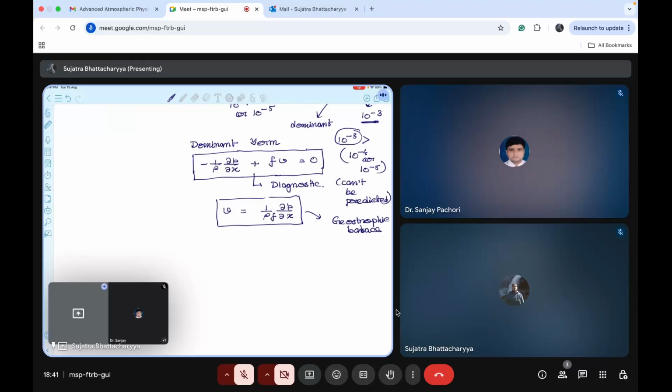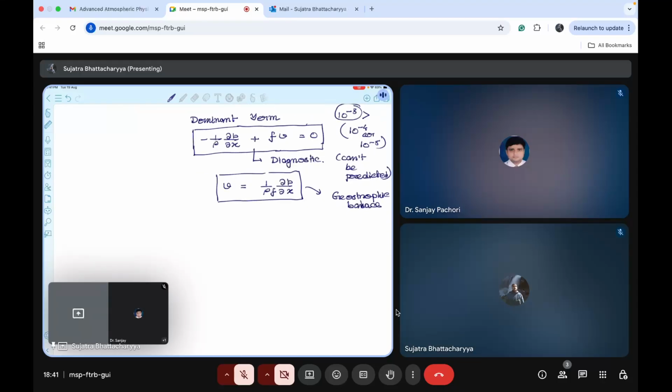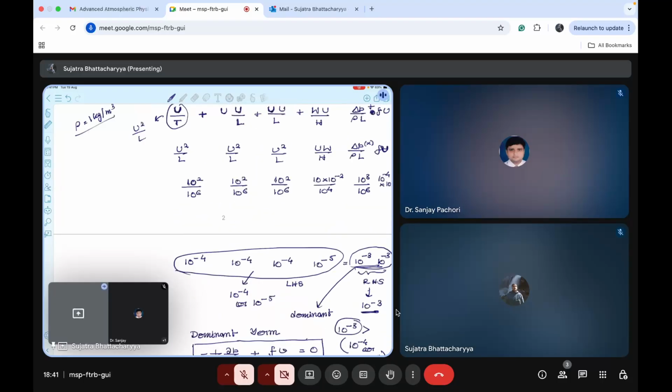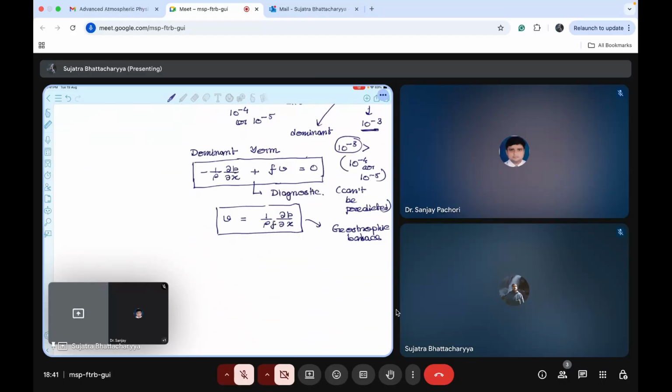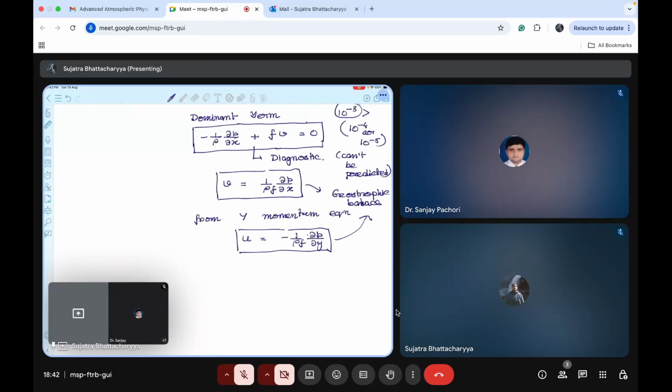Okay, so if you do the same thing for the meridional momentum equation, that is, the y momentum equation involving v, that will also give you a similar kind of balance. From the y momentum equation, you can get u as minus 1 by rho f delta p delta y. This minus will come automatically, you will see in the Coriolis sign. So these are the geostrophic balance. Both are geostrophic.